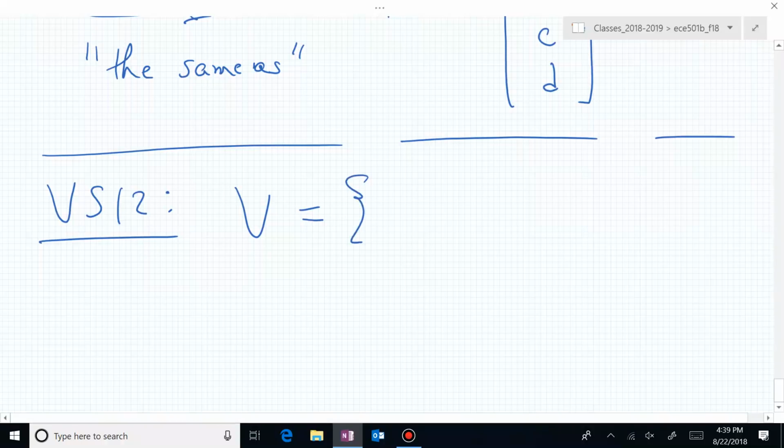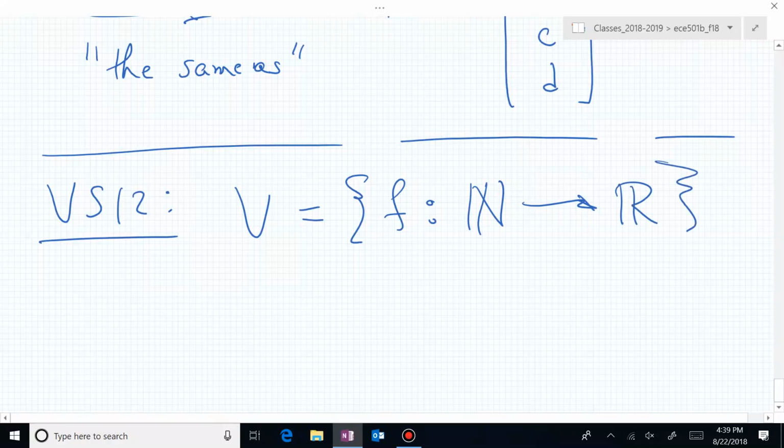So here, vector space 12. Let's say that this is now a set of functions f where n maps to R. Can you decode what that is? What's f? A function. I could maybe even answer that.